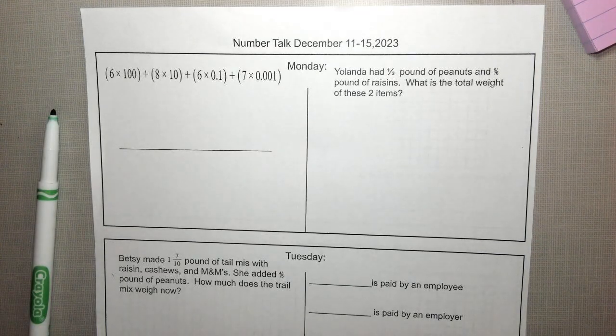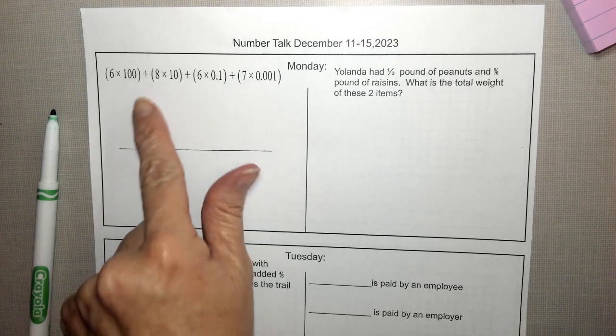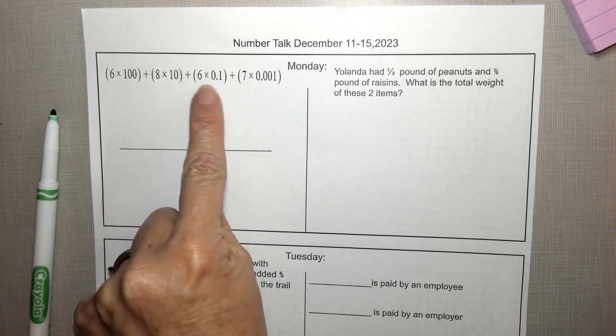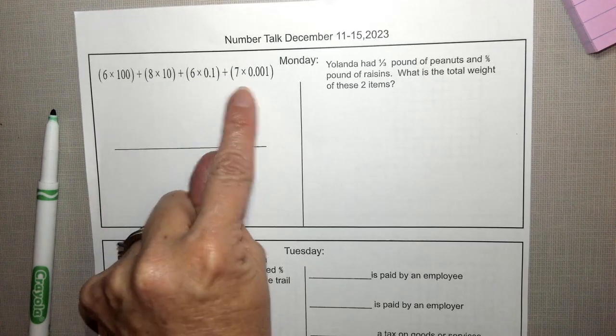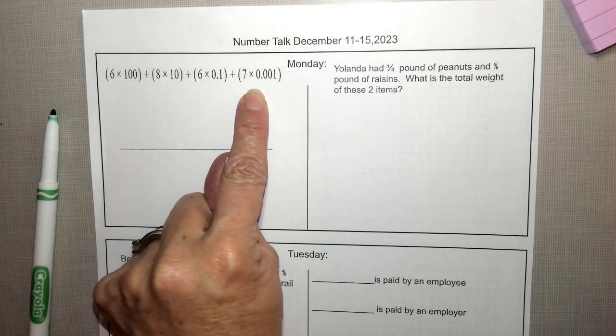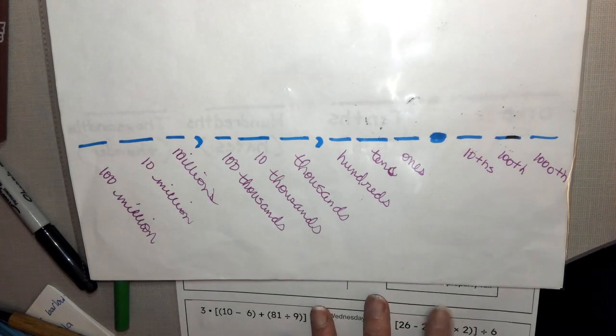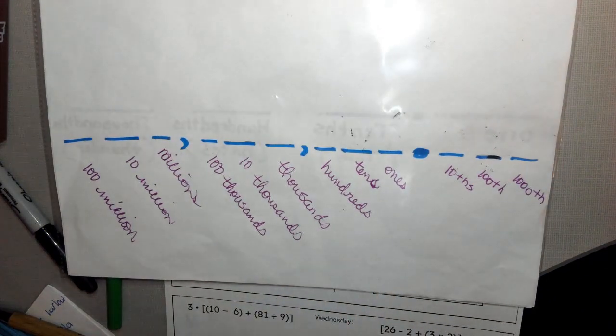So one thing that would be helpful for Monday's number talk, this is a place value question, and I see that we have all of the information represented in expanded notation. So if you have this paper, this is your place value chart that you made with Mrs. Cartwright.